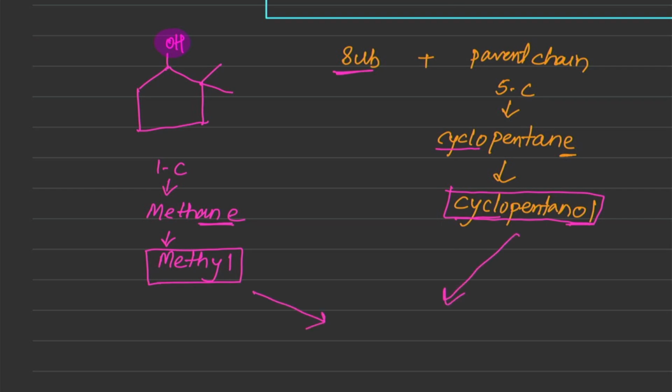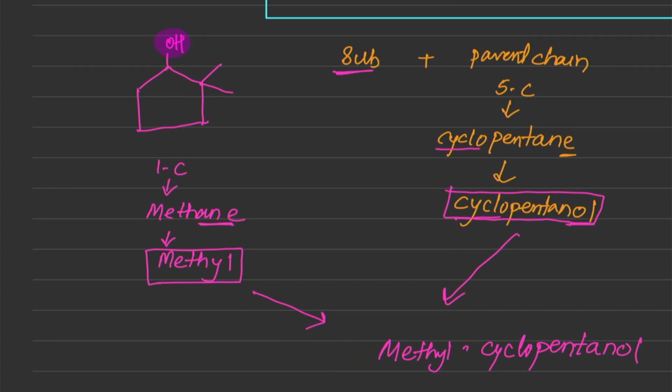I'm going to call it, let's see if it is correct, methyl cyclopentanol. Let's revisit this. How many methyl groups do we have here? If you see, we have 2 methyl groups. When you have 2 methyl groups, you cannot write methyl, that's going to be a waste of space.